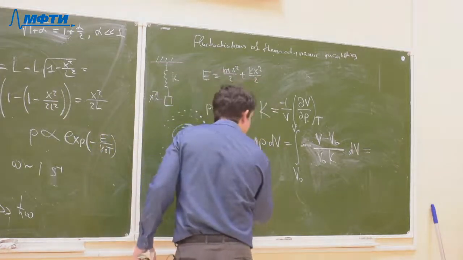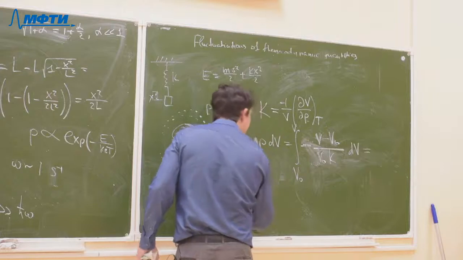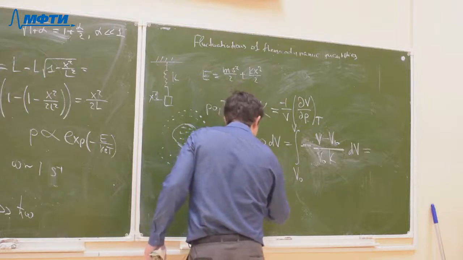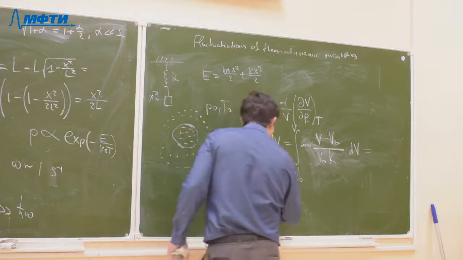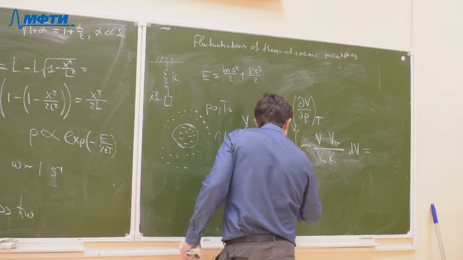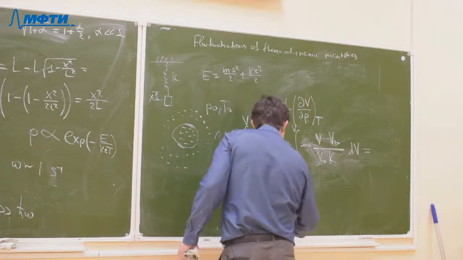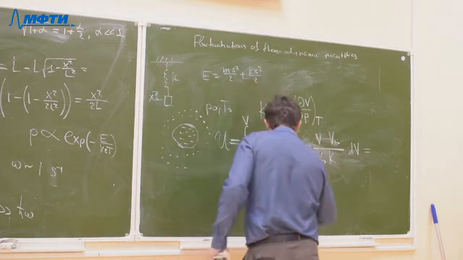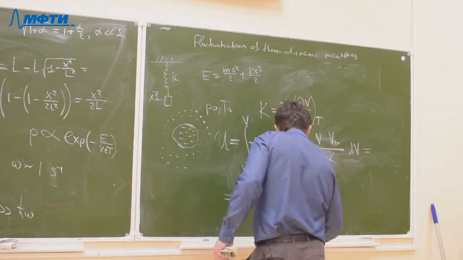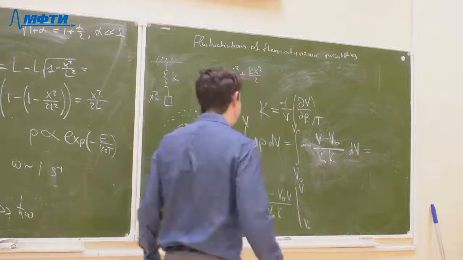This integral is minus V squared over 2 minus V0V over V0K, and the difference between the final volume and the initial volume.